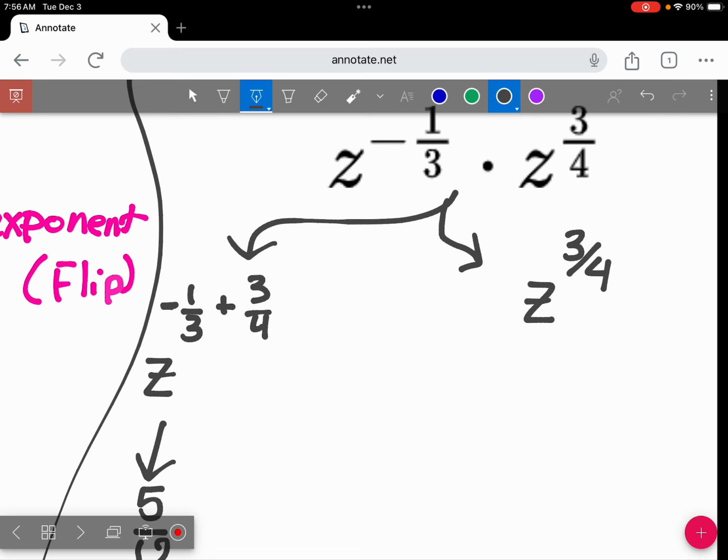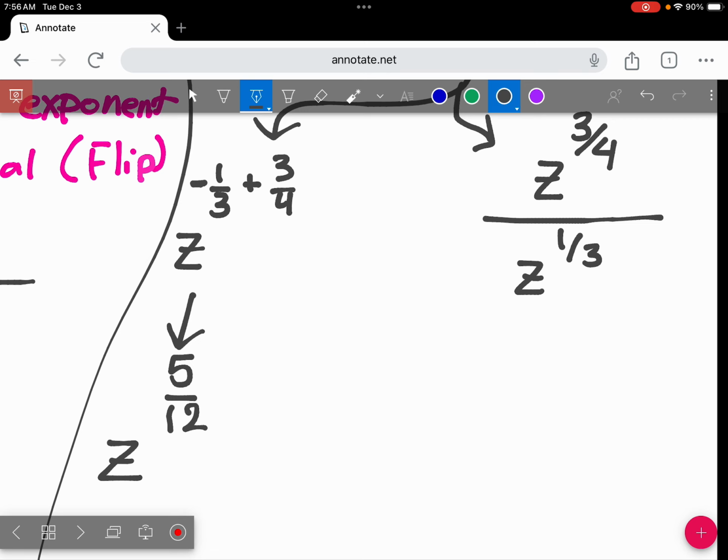If we set it up as a fraction of fractions, when we are dividing our two exponential pieces, what are we going to do with those exponents? Subtract. So this would be the same thing as 3/4 minus 1/3, which will give us what?